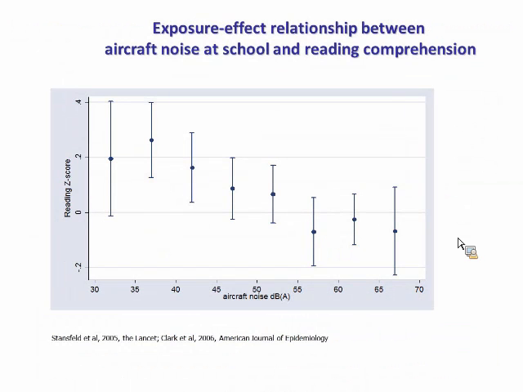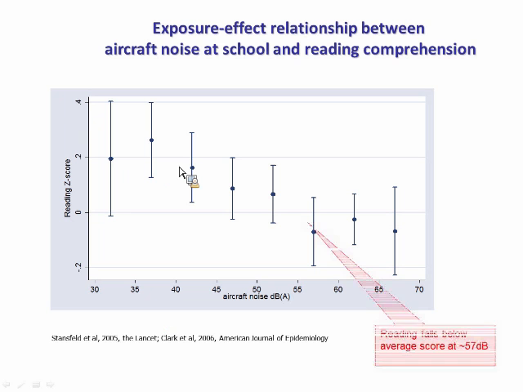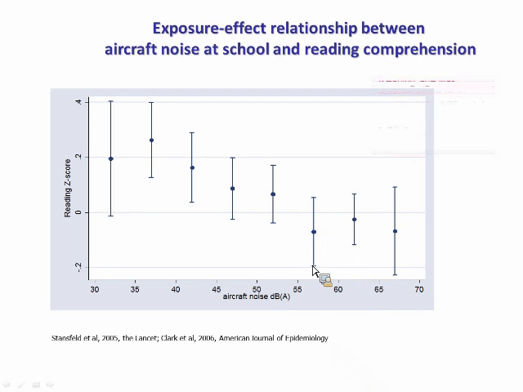And this was just the finding for reading, which actually showed a much stronger dose-response relationship. So for aircraft noise here, this is their reading Z-score across the three countries. You can see that the reading score falls below average, because 0 is the average on a Z-score, at around 57 decibels.